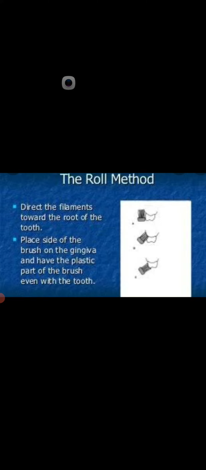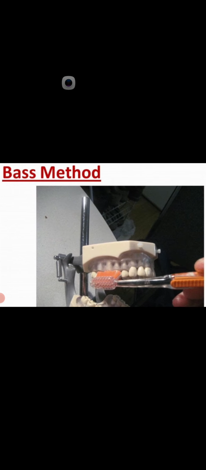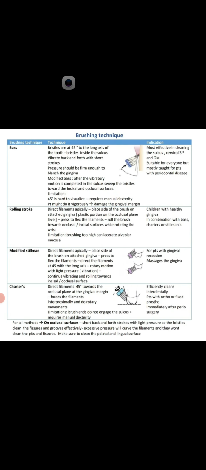Here, direct the filaments toward the root of the tooth. Place the side of the brush on the gingiva and have the plastic part of the brush even with the tooth. This is the roll method, also known as rolling stroke.